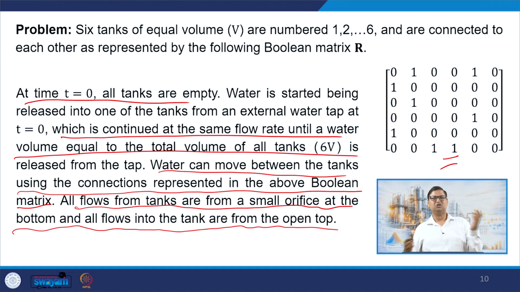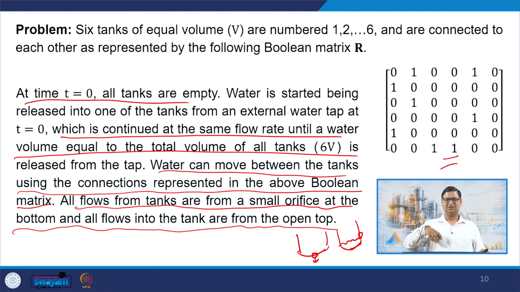That's why we are keeping the top open, and by having the orifice only at the bottom, we are ensuring that everything that is inside the tank can essentially go out of the tank, right? If, for example, the hole was somewhere here above the bottom, then only the part which is above could go out. In order to remove those complications, we assume that the hole is at the bottom and the top is open, so the overflow is very much possible.